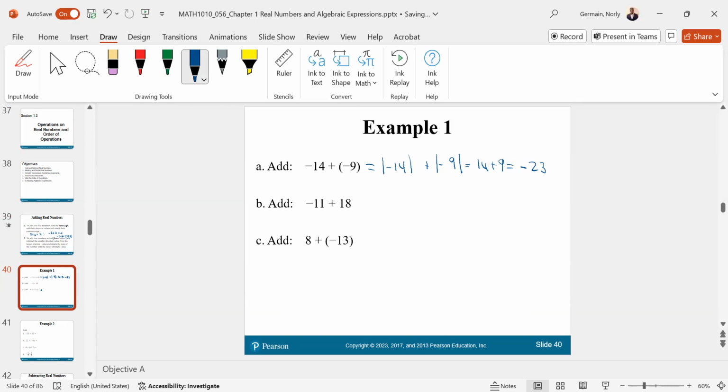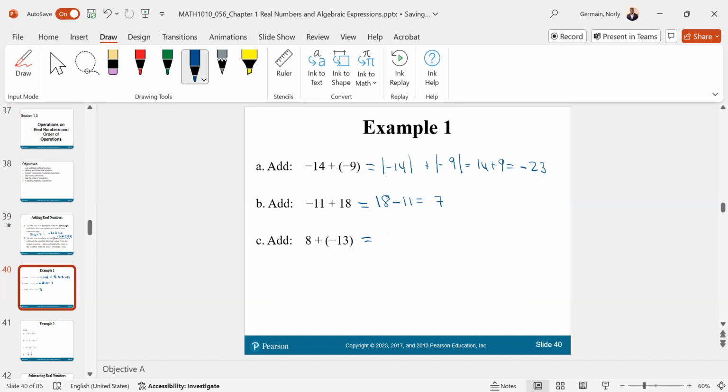So 18 minus 11 is 7. 18 has the larger absolute value and its sign is an understood plus, so the sum is positive. If you want to rewrite it, you can rewrite it as 18 minus 11, which gives you 7. So you can switch if you want.